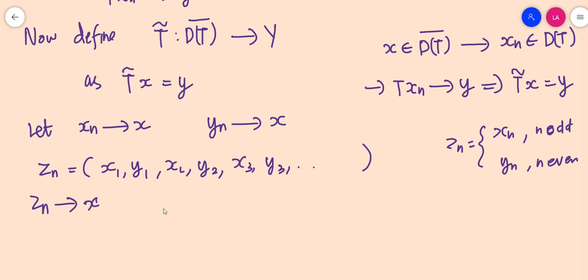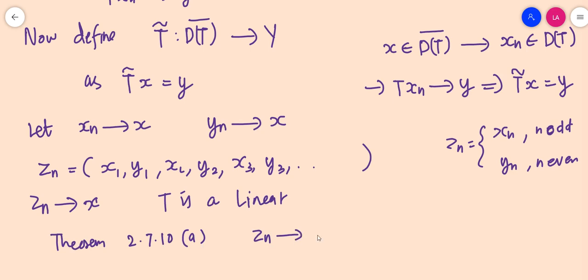Now, since T is a linear operator, by Theorem 2.7.10a, zn converges to x implies T of zn converges to T of x.